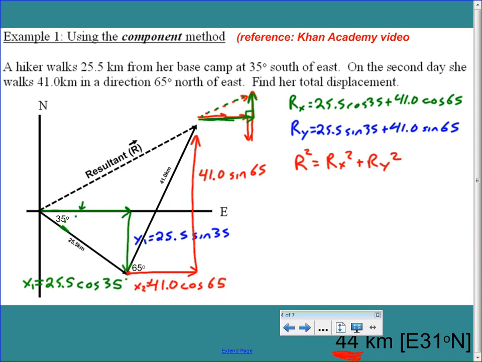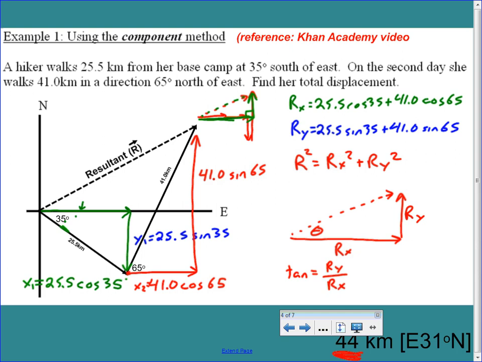Now to get the angle, we have a different situation. We have a horizontal and a vertical, and we have our hypotenuse. We need this angle here. But we know this is Ry and this is Rx. We know that the tangent of that angle is going to be Ry divided by Rx, or opposite over adjacent.